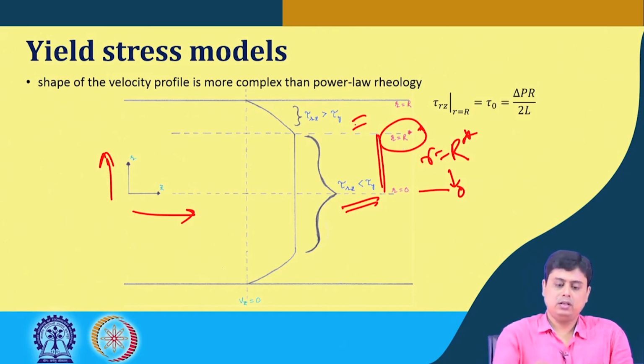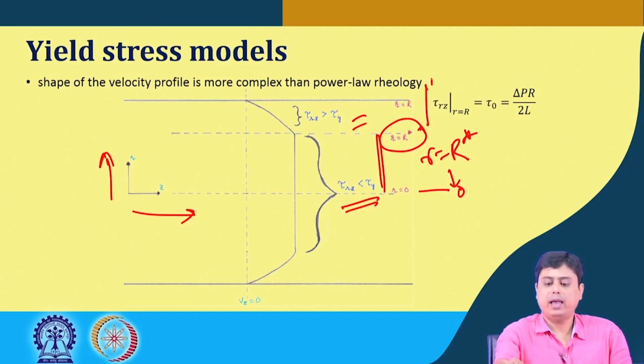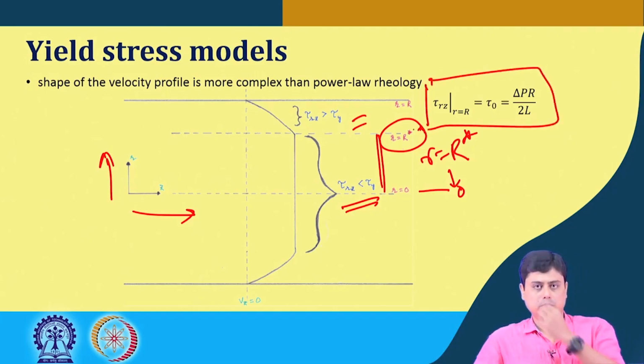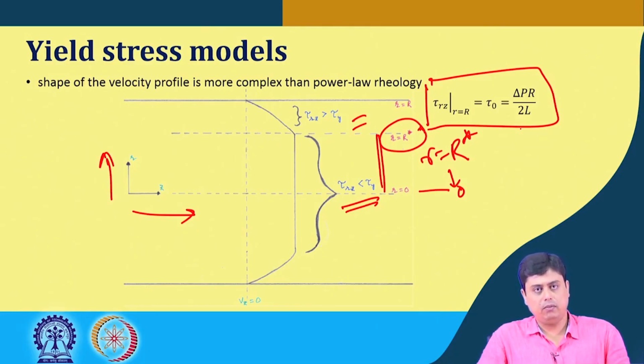That is the reason it takes this kind of shape. And at the wall we have tau 0, the shear stress at the wall. This is a typical velocity profile seen from its theoretical derivation in case of these yield stress models.